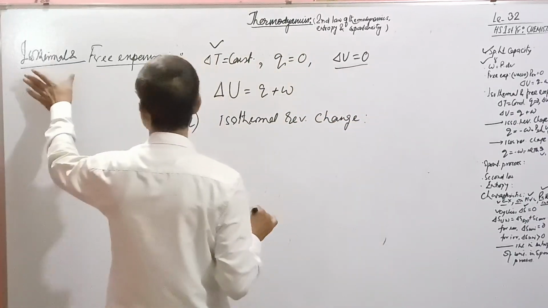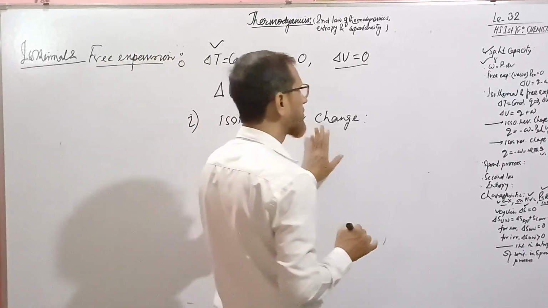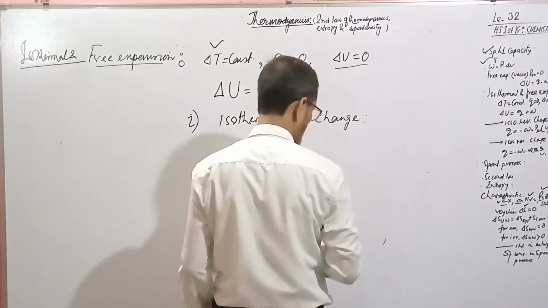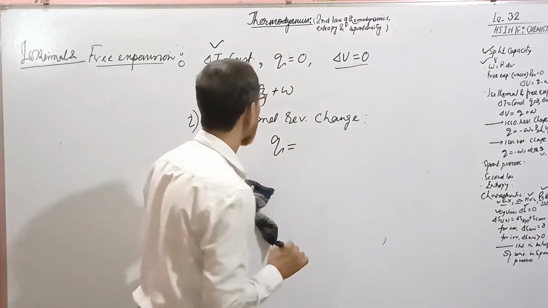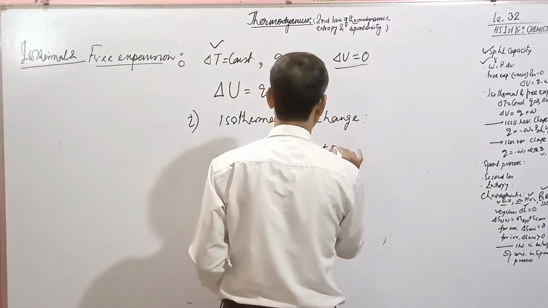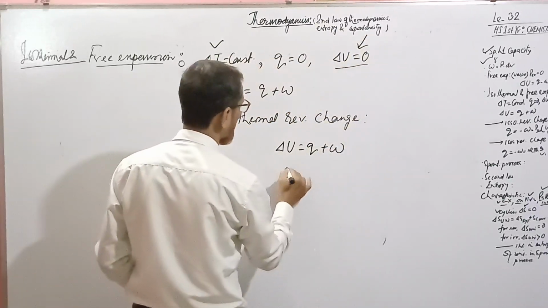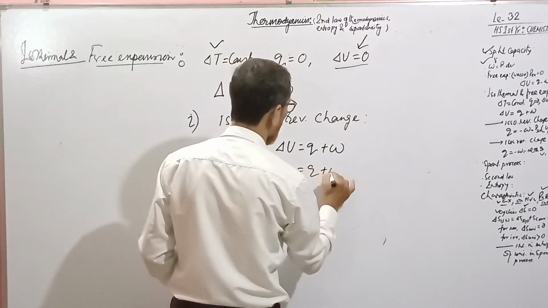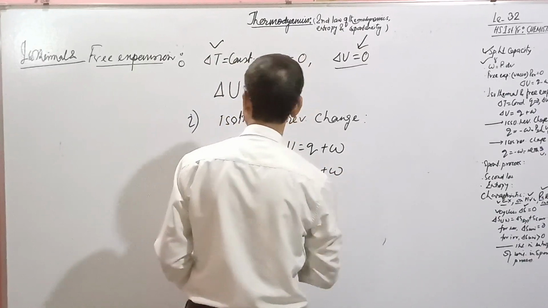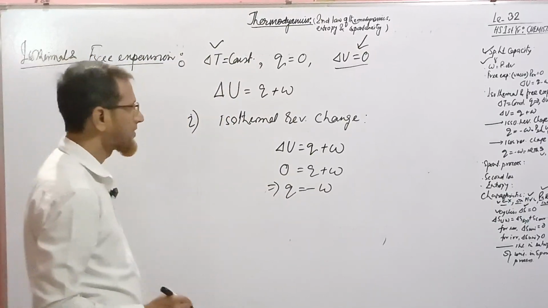If in the system an isothermal expansion is going on and the process is an isothermal reversible change, then we write del U is equal to Q plus W, and for this system del U is equal to 0, so Q plus W is 0, so we know Q is equal to minus W. So this is the shortcut for an isothermal reversible change.